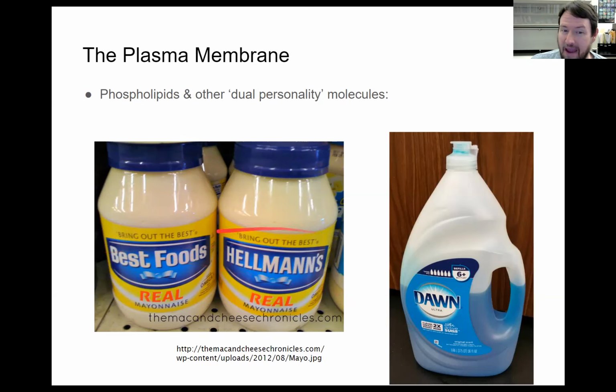Another example of this is mayonnaise. So you might have heard, and I might have even said, that oil and water don't mix. Well, it turns out mayonnaise is just that. It is oil and water. And how do they get them to mix? Well, that actually is phospholipids. In particular, there's a phospholipid called lecithin that is found in egg yolks, which is partially hydrophilic, partially hydrophobic.